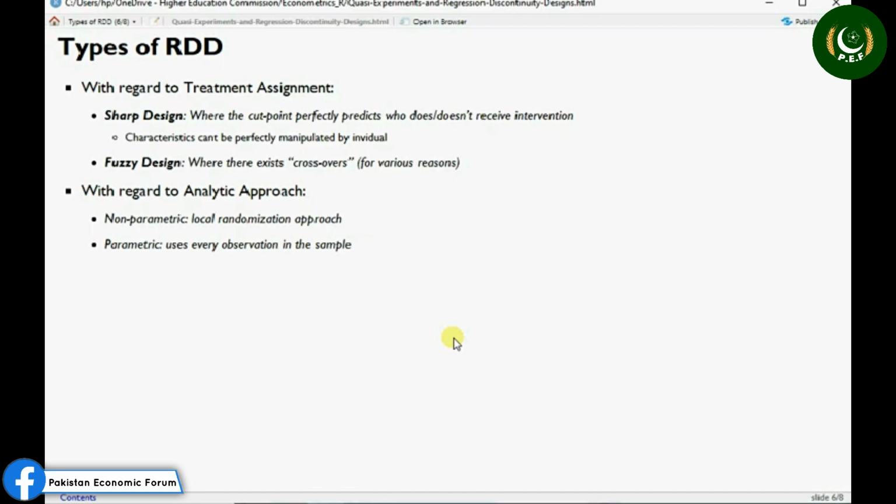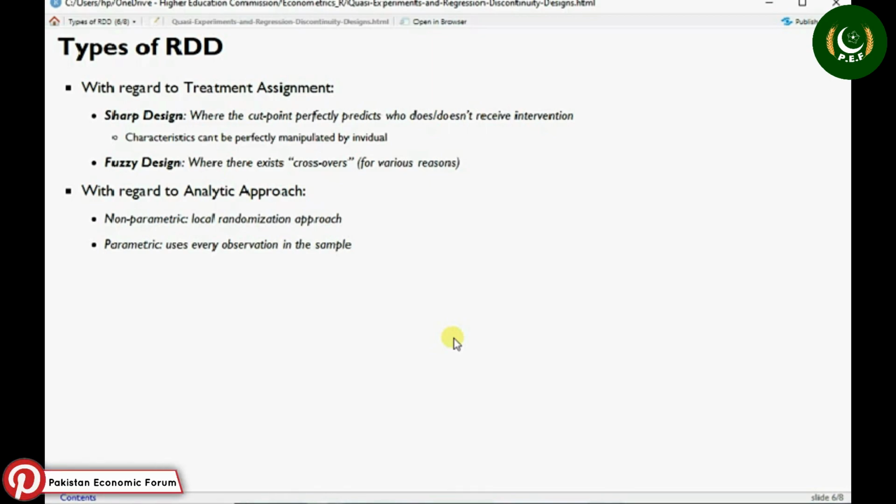If your CGPA is less than 2.2, you have to take a summer course, and if it is 2.201, you may not have to take the summer course. Similarly, if your income level is below a certain threshold, you'll get assistance. If it is above a certain threshold, you'll not get it.